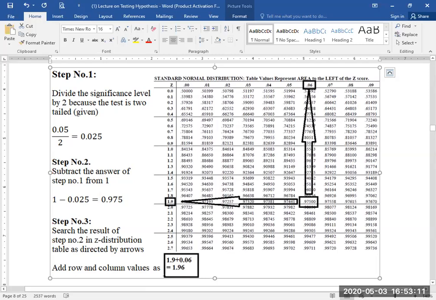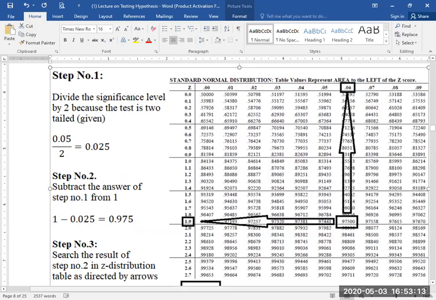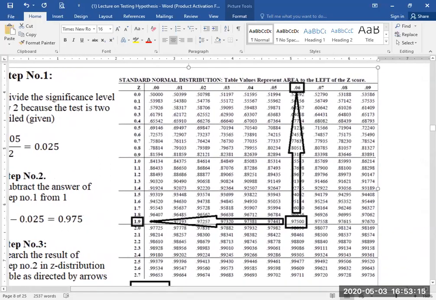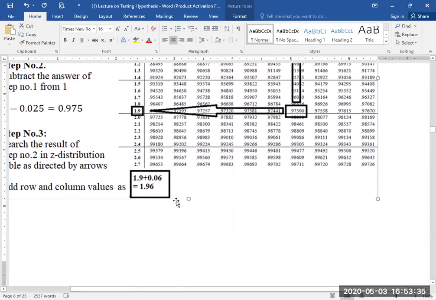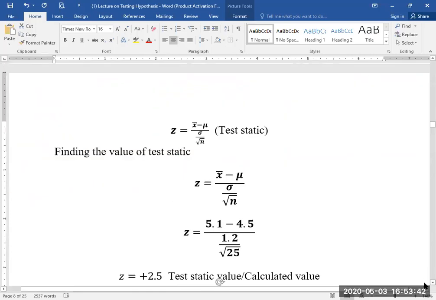Students, I have searched in this table and found 0.975, and the header of this is 0.06, and the row connected to this value 0.975 is 1.9. Now we just have to add 1.9 and 0.06, so we get 1.96. 1.96 is the critical value.